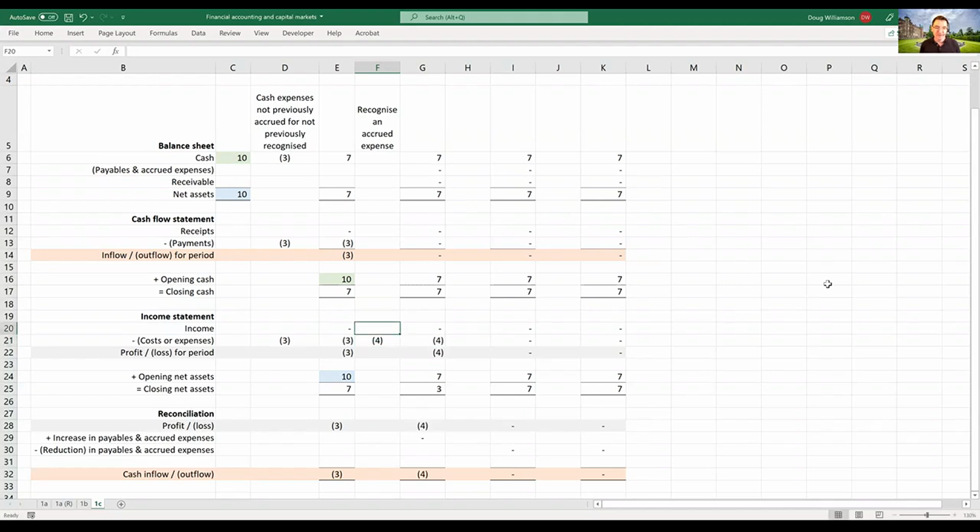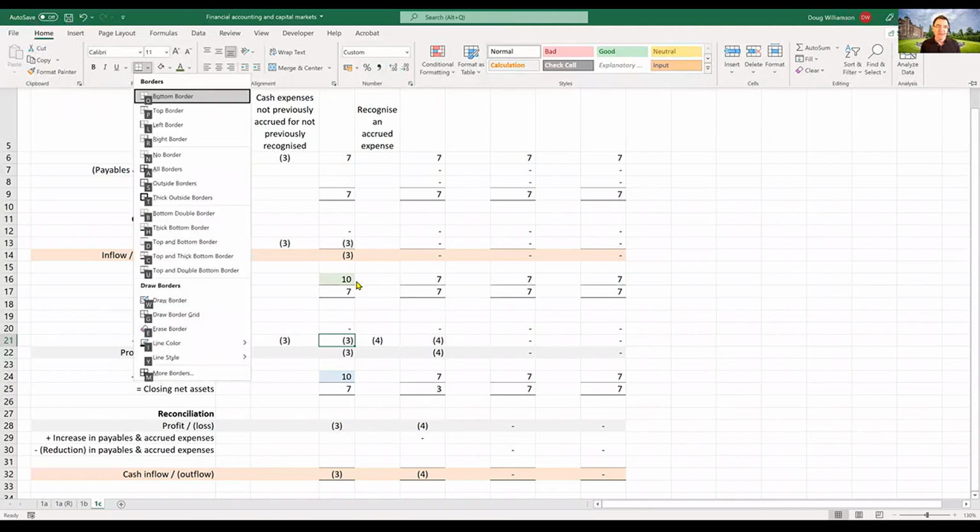So we've got a further loss, unfortunately, in the period. Well, is it unfortunate? It is as it is. Better to recognize it than ignore it.